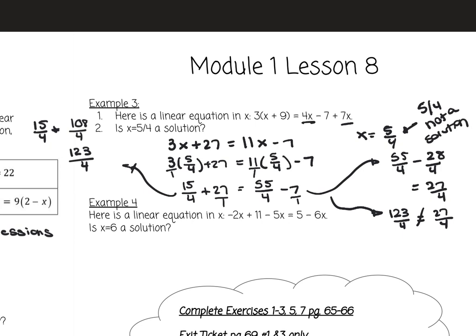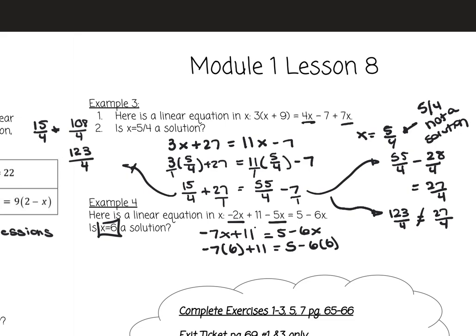All right, and for the last example that we're going to look at, again, we have negative 2x plus 11 minus 5x is equal to 5 minus 6x. Again, I'm going to simplify that left side. So I have negative 2x and negative 5x, which gives me negative 7x plus 11 is equal to 5 minus 6x. So we're going to plug in 6 for x, and then go ahead and simplify each side.